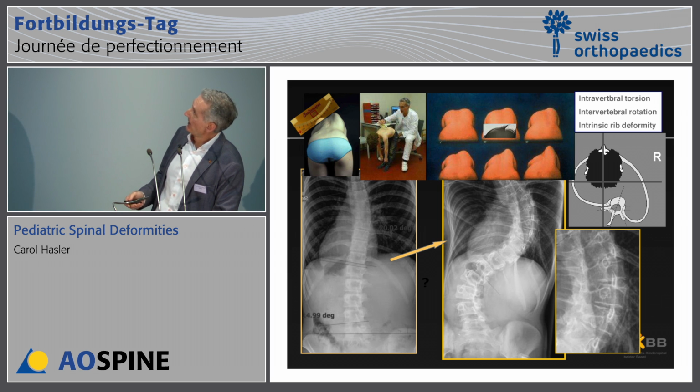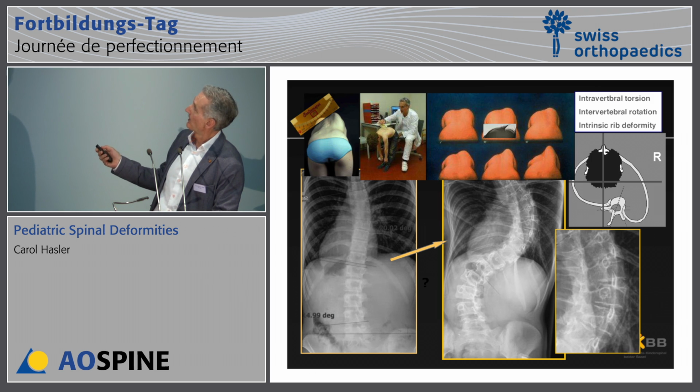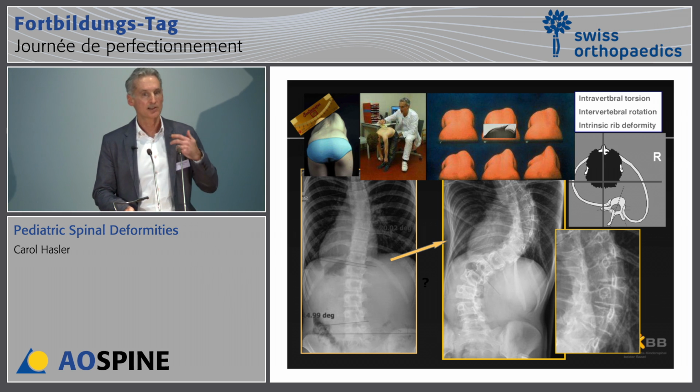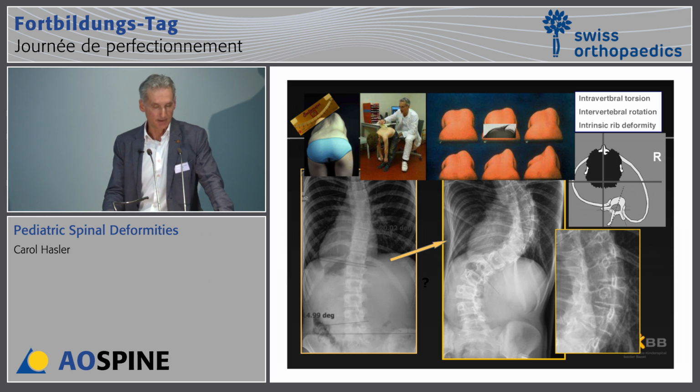And in association with the growth law, the Hueter-Volkmann law, on the concave side there is high pressure. So there is minimum growth on the inner side of the curve. As a consequence, you have secondary deformities with a typical inflection point in the middle of the vertebral body. So this is not a congenital deformity, it's a secondary growth effect due to the deformity.